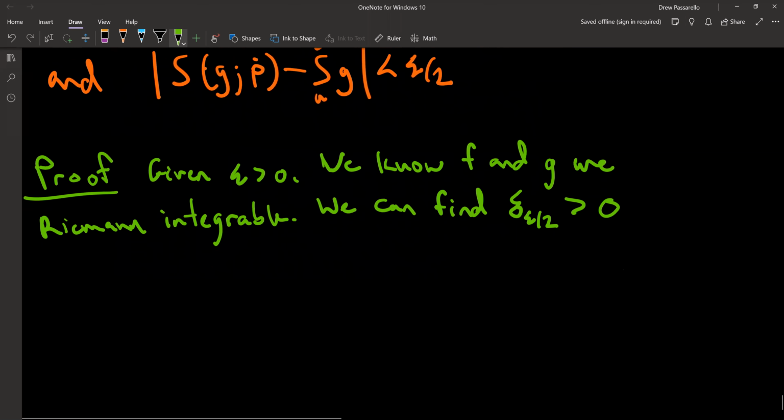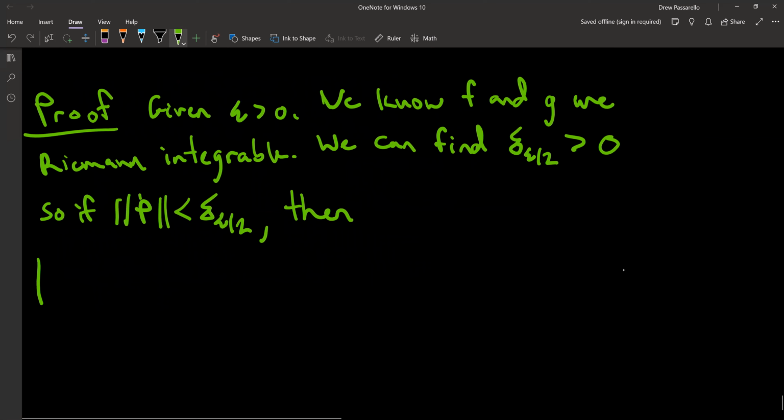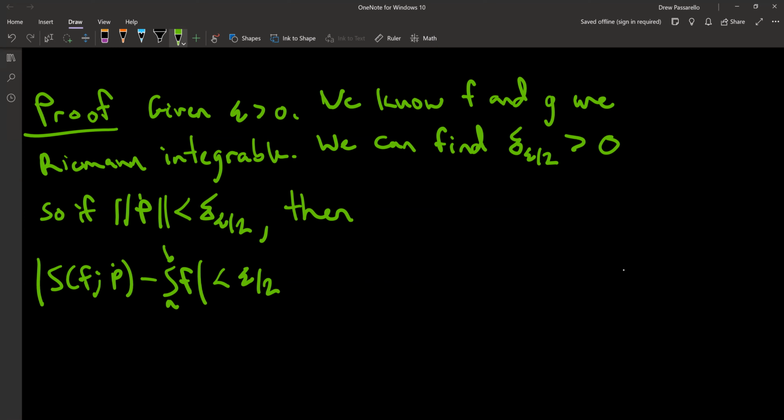So if the norm of any tag partition is less than this delta, which I'm again calling delta subscript epsilon over 2, then we have the absolute value of S of f, so the Riemann sum of f, minus the integral from a to b of f, less than epsilon over 2, and the same thing for g.